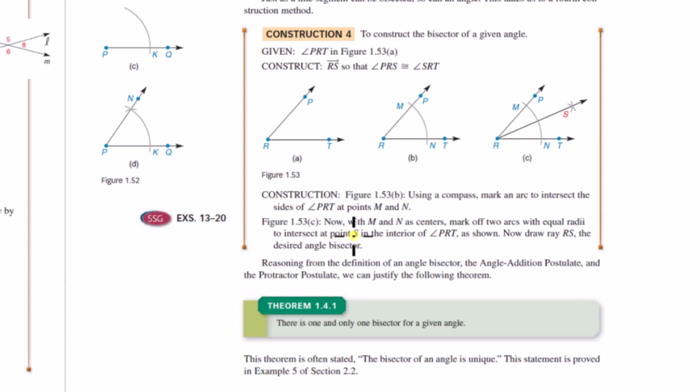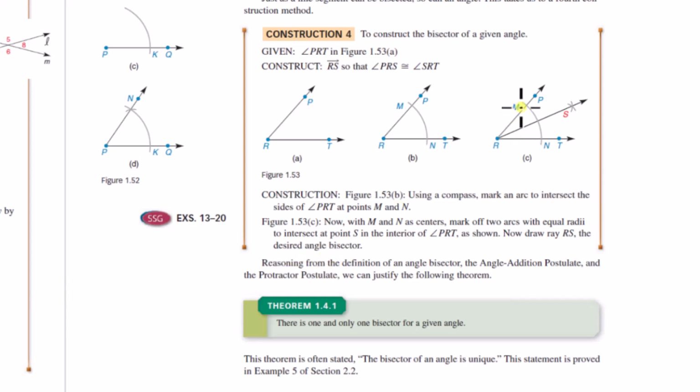Then with M and N as centers, mark off two arcs with equal radii to intersect at point S in the interior of angle PRT. Now draw ray RS, the desired angle bisector.